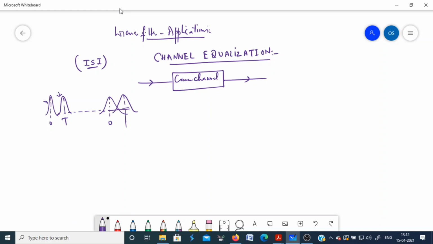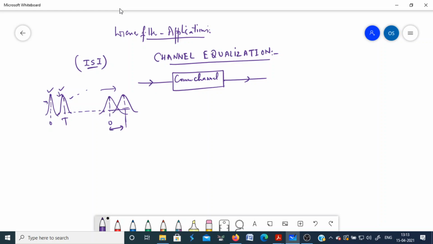In digital communication, we are interested in finding the peak values of the pulses. From these peak values we identify which symbol was transmitted from the transmitter. So at the receiver, when you receive the pulses, we sample them with sampling time t, which is the switching time.